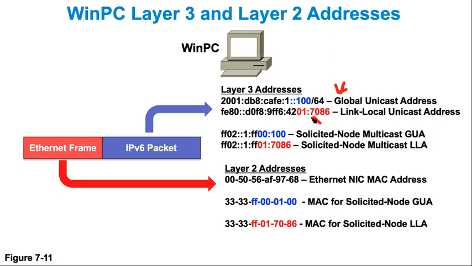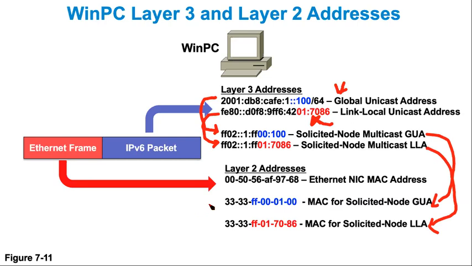Looks like we didn't do it. This is WinPC. So the link local address was created on its own. Both of these got mapped to a solicited node multicast address. And then both of these got mapped to an Ethernet multicast MAC address.